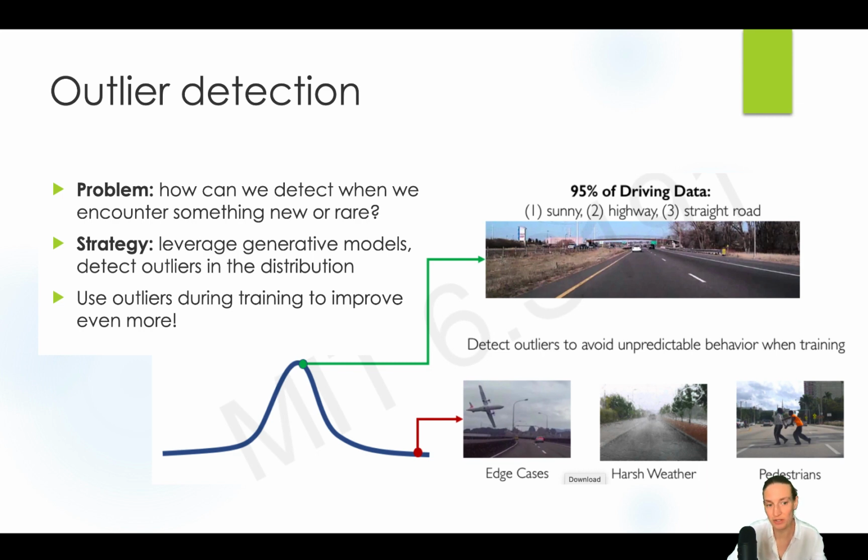There could be pedestrians crossing unexpectedly. Okay. So it's important to detect these outlier cases because then we can improve our model during training. Okay. So we can leverage generative models to detect outliers in these probability distributions.